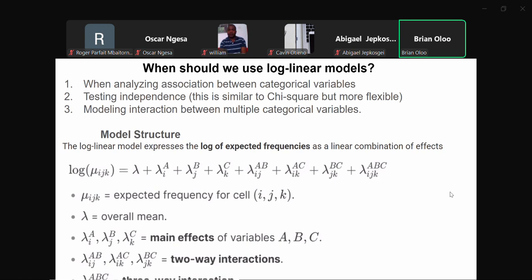The third reason to use log linear models is when modeling interaction between multiple categorical variables. And then we have the model structure.